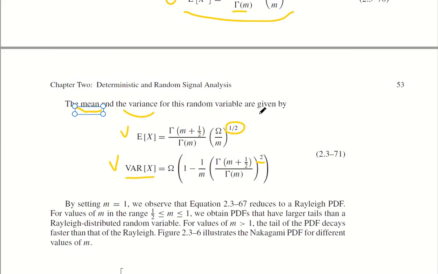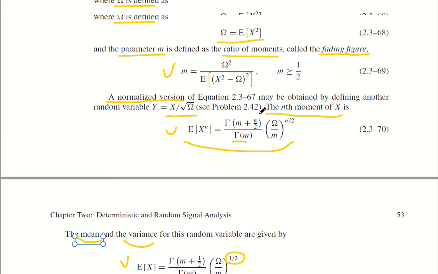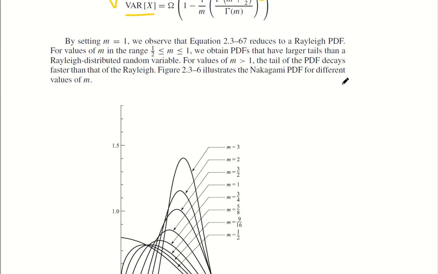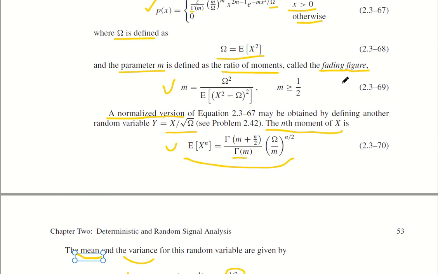And as we can see, this is a fading figure. And in fact, what is the fading figure? If we see that the fading figure is sort of representing how concentrated the distribution is, right?